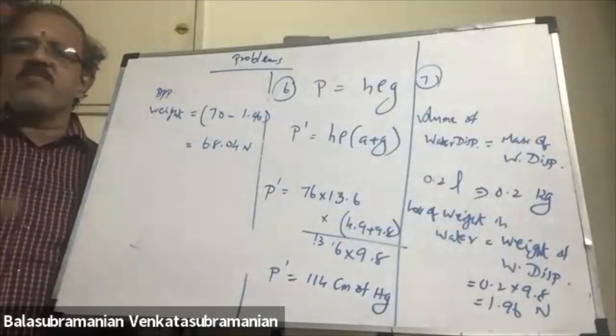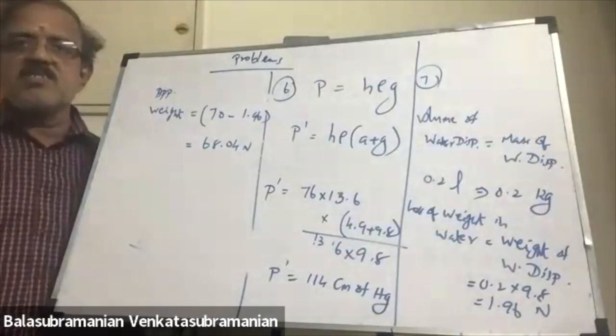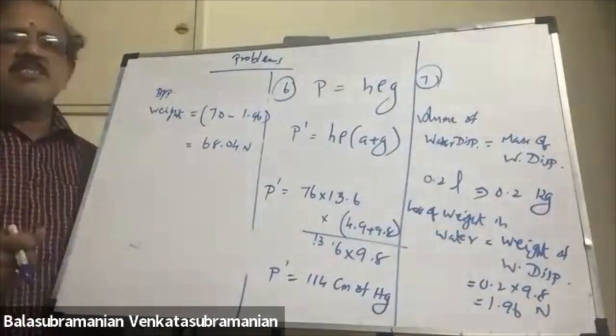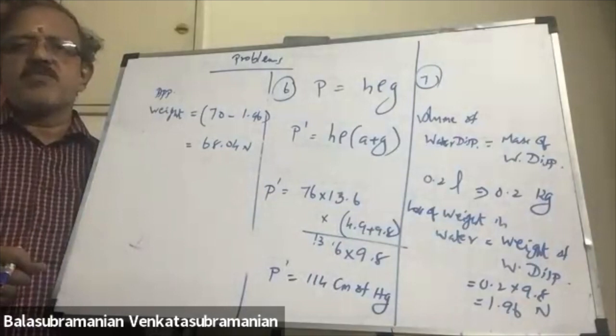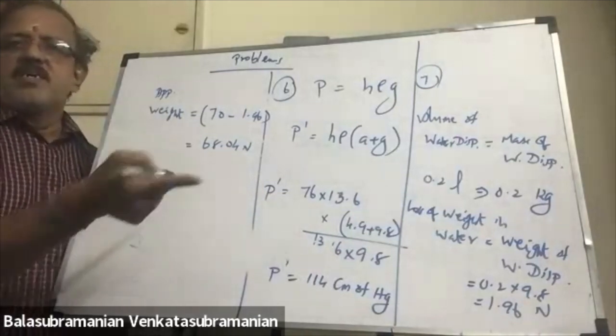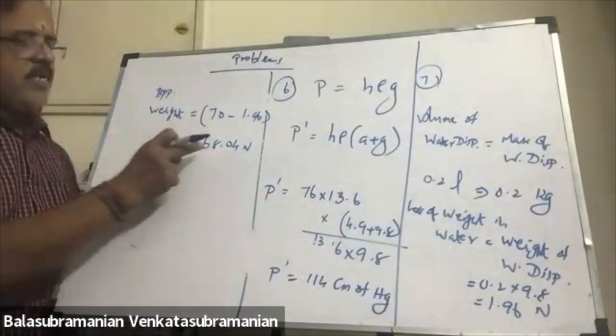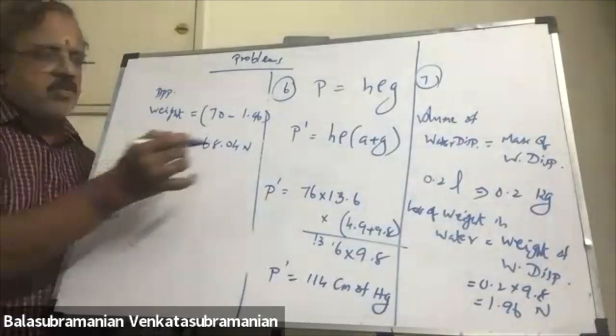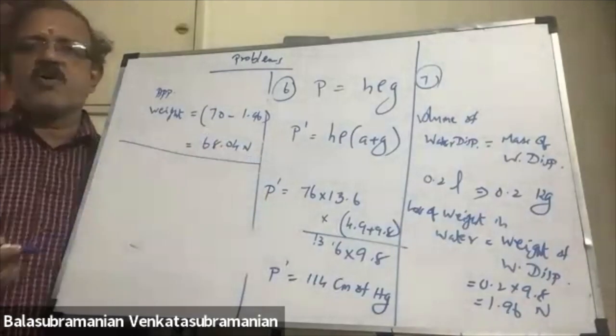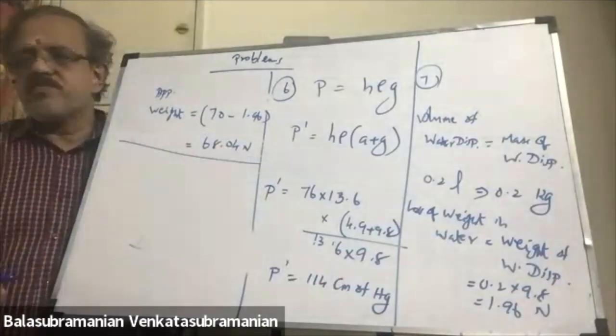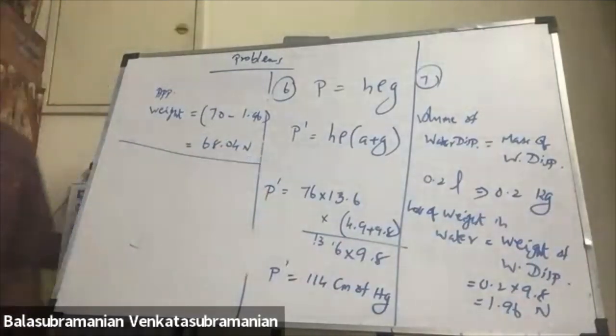So apparent weight of the body when it is immersed in the liquid is 68.04 Newton. Total weight minus weight of the water displaced, you will get 68.04. This is the best example for Archimedes principle. Okay.